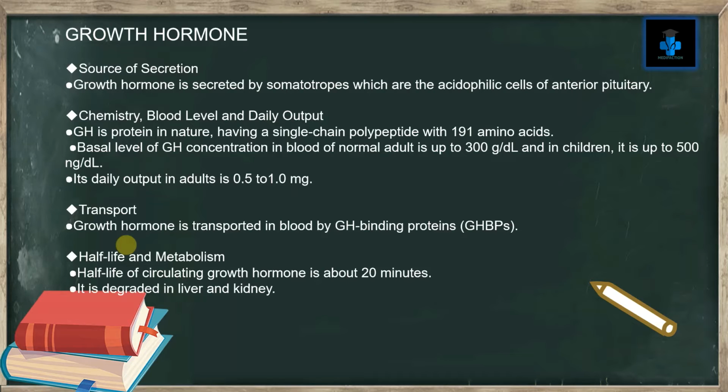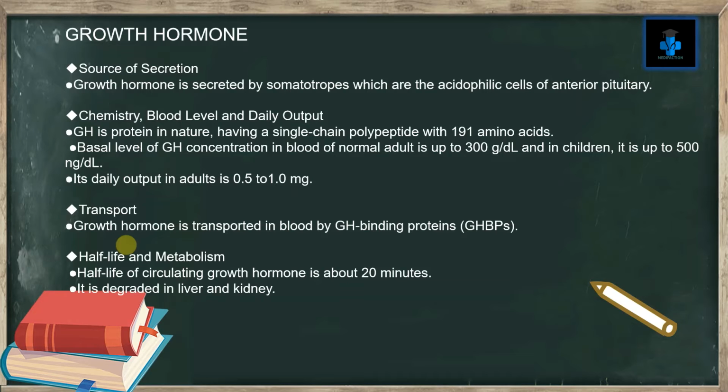Basal level of growth hormone concentration in blood of normal adult is up to 300 nanograms per deciliter, and in children it is up to 500 nanograms per deciliter. Its daily output in adults is 0.5 to 1 milligram.